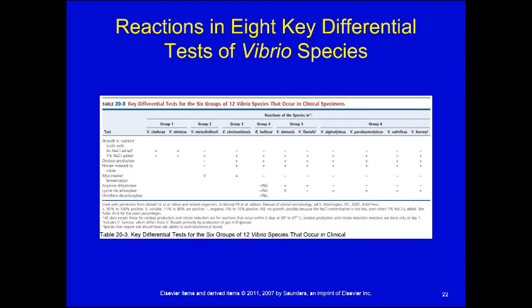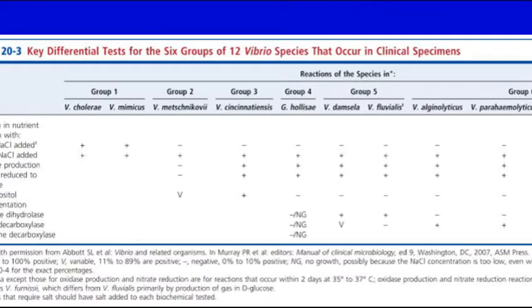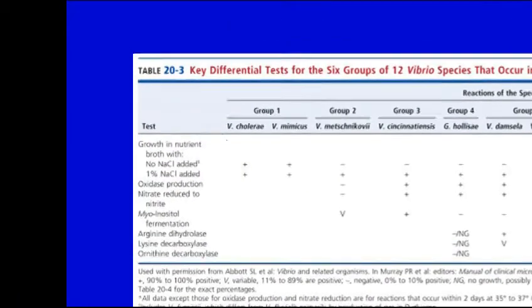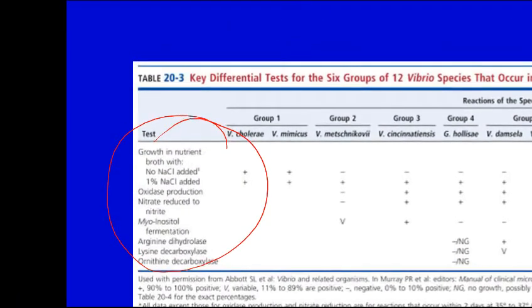Now, these are the reactions in 8 key differential tests for Vibrio cholerae. Please take note of the tests that are most commonly used in the laboratory for the identification of your Vibrio species. You have growth in nutrient broth with no NaCl added and with 1% NaCl added.